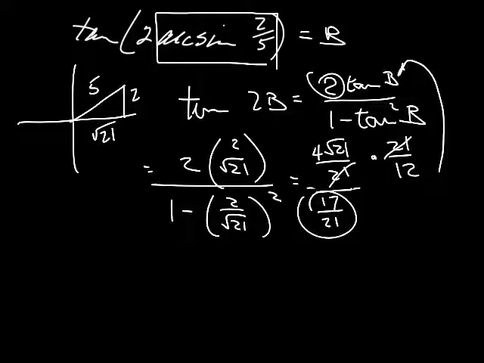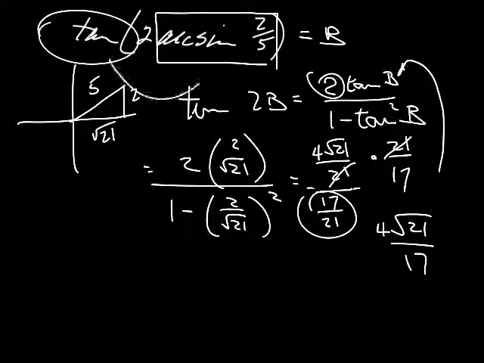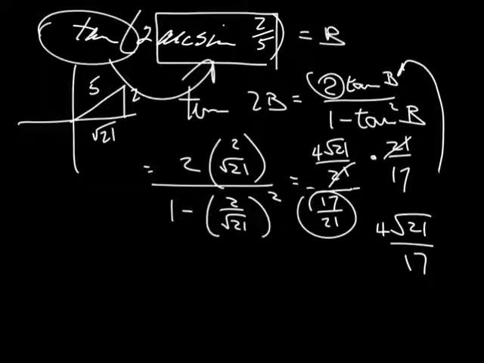Those cancel. Oops, that's not a 21. Dyslexic. Alright, so we end up with 4 square root of 21 over 17. So we get 4 square root of 21 over 17 for the tangent of that. And that will be it for lesson 6.1.